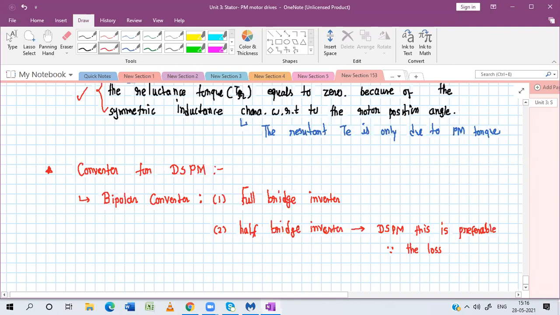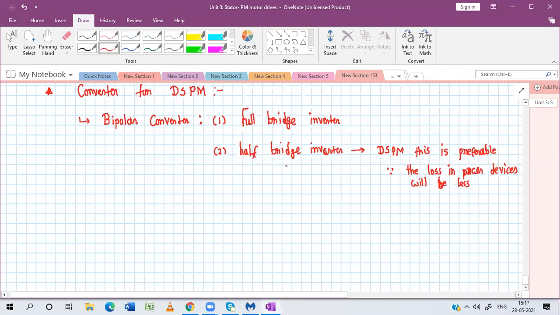The number of power devices will be less, so the loss in the power devices will be less. That is the benefit of this half bridge inverter. And this we are using with a split capacitor. So, half bridge inverter with split capacitor.